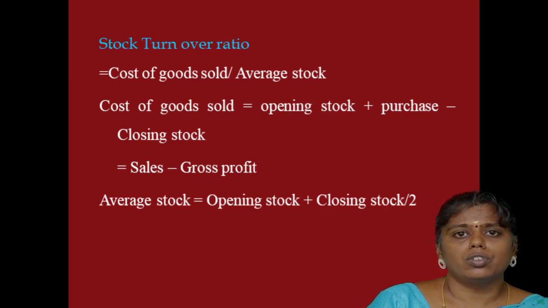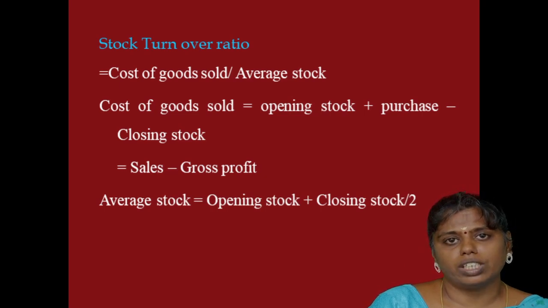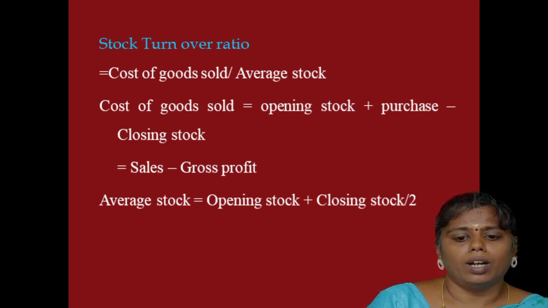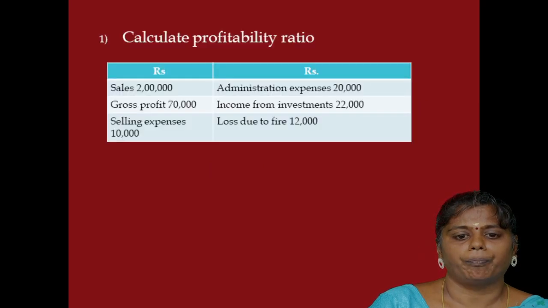There are two methods to find cost of goods sold. One is cost of goods sold equals opening stock plus purchase minus closing stock. Another one is sales minus gross profit. Average stock equals opening stock plus closing stock divided by 2. These are the formulas for stock turnover ratio.